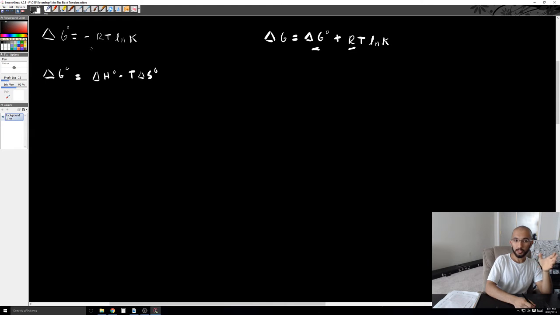for delta G standard. Now, if you didn't know, you'll see delta G written in 3 ways. Here's delta G. There is delta G standard, or delta G naught, and then there's delta G naught prime.